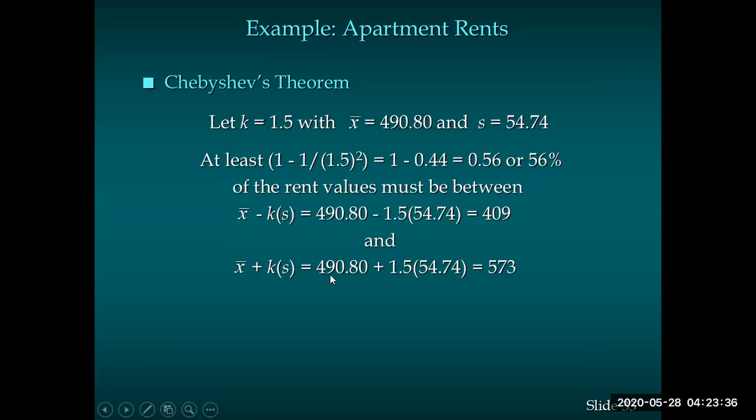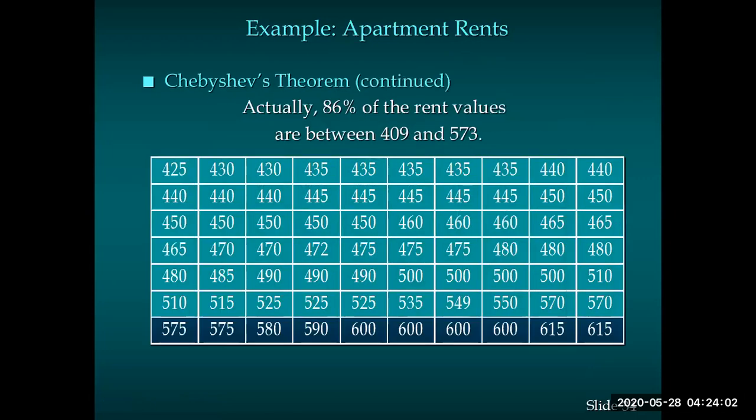So if you do the summation, you get 573. So what we are saying is 56% of the data should be from $409 to $573 of the rents that we had with us. So 56% of the data values should fall between these two rental values, and we can very easily check that by looking at our data.